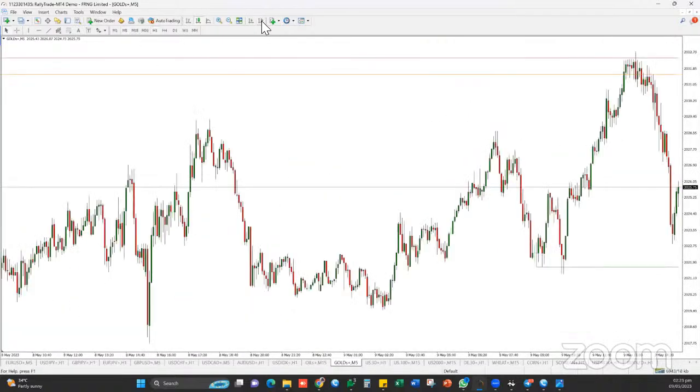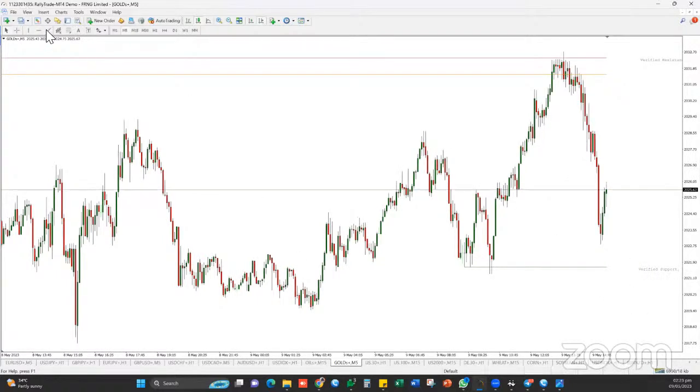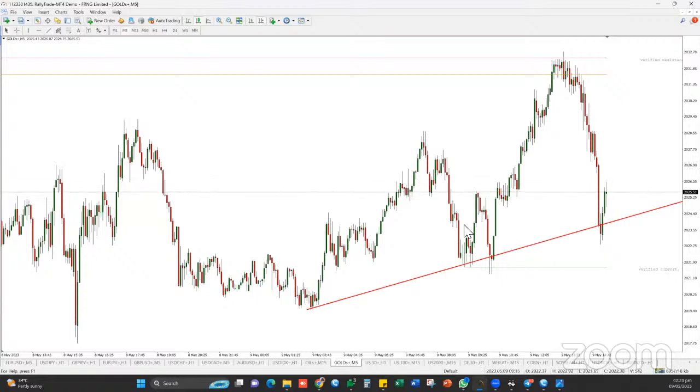Look at what happened on gold. So what are you expecting? Further buy, right? We're expecting a further buy on gold.